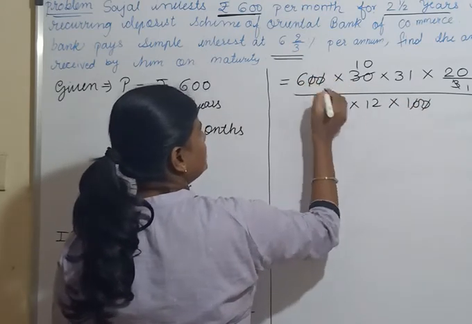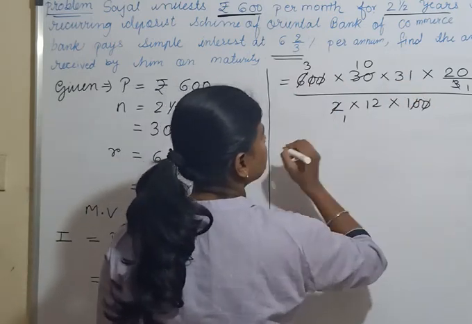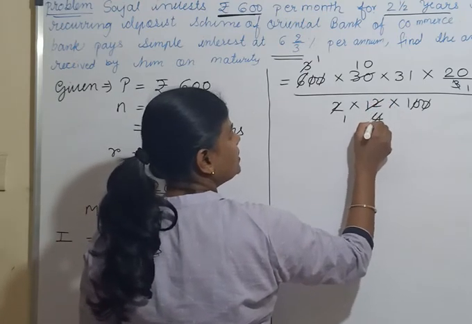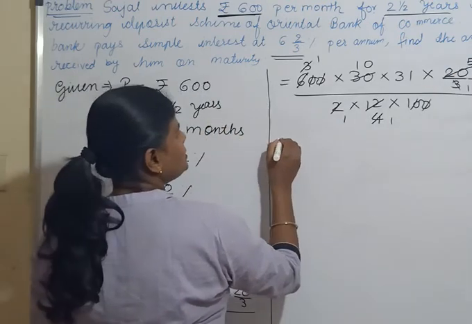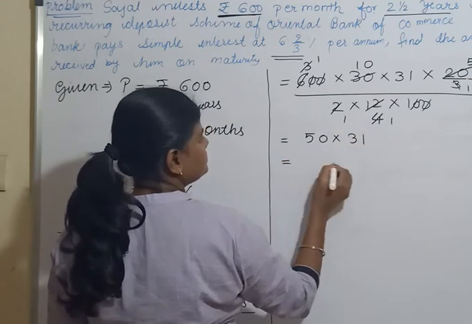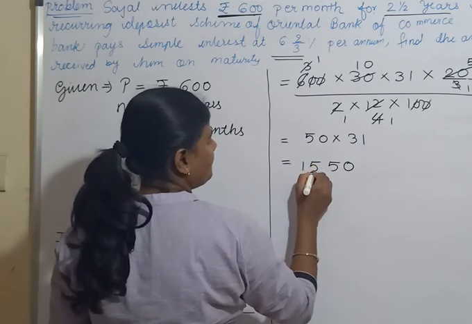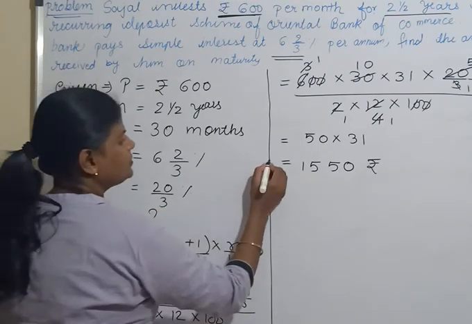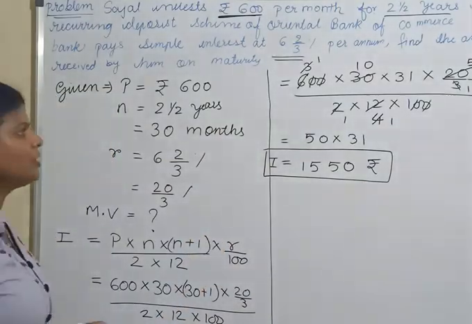You can reduce this. The zeros cancel, 2 ones are 2, 2 threes are 6, then 3 ones are 3, 3 fours are 12, 4 ones are 4, 4 fives are 20. So 50 into 31. So your interest is how much? I equals 1550.